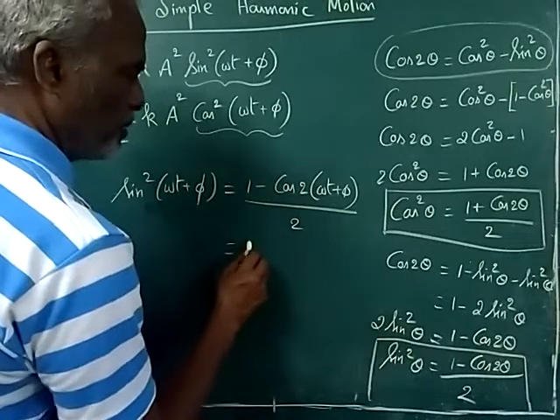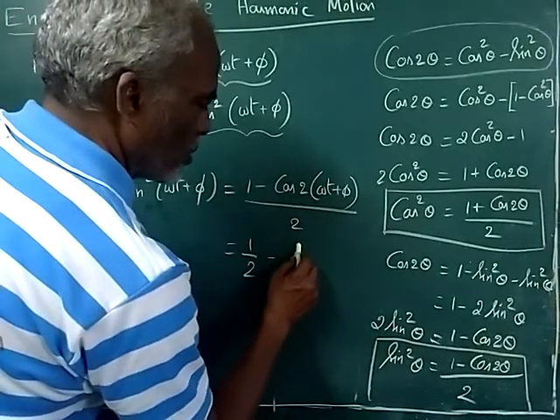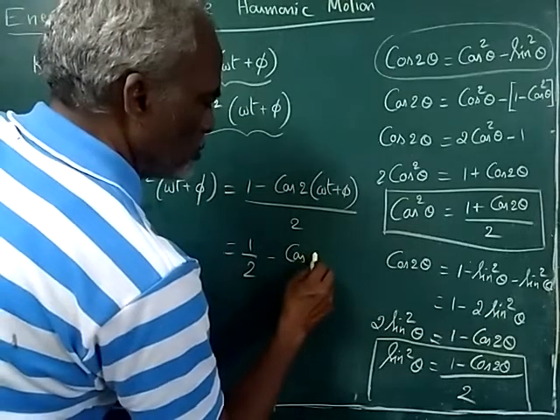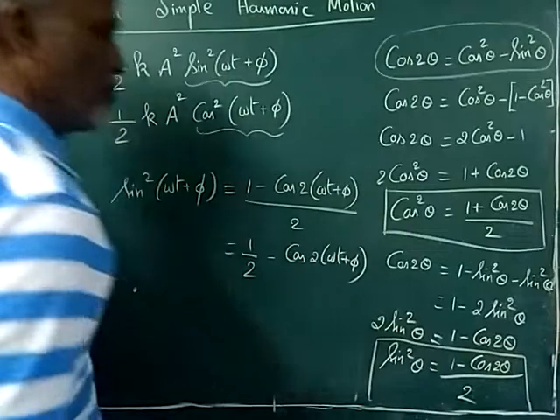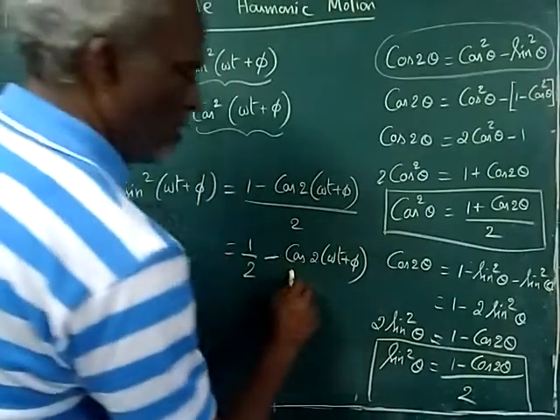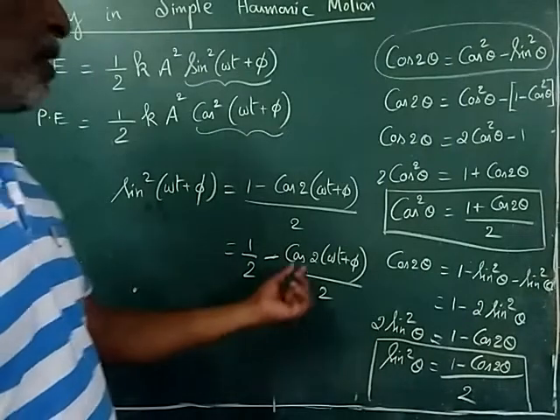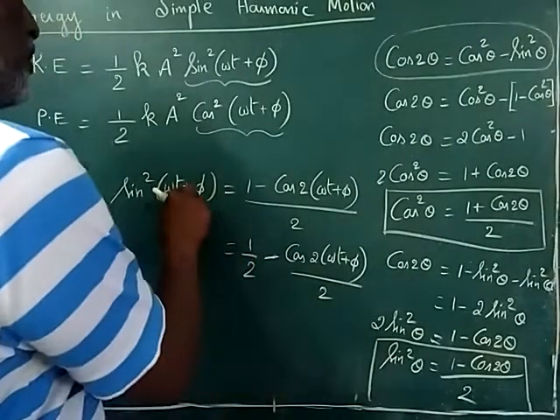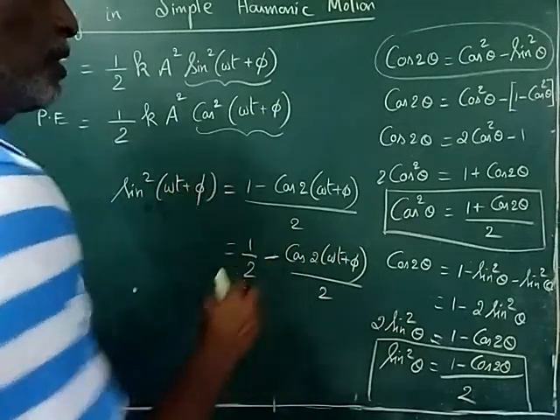Now this can be split into 1 by 2 minus cos 2 omega t plus phi by 2. That is, this sin square omega t plus phi can be written like this. So now what will happen?